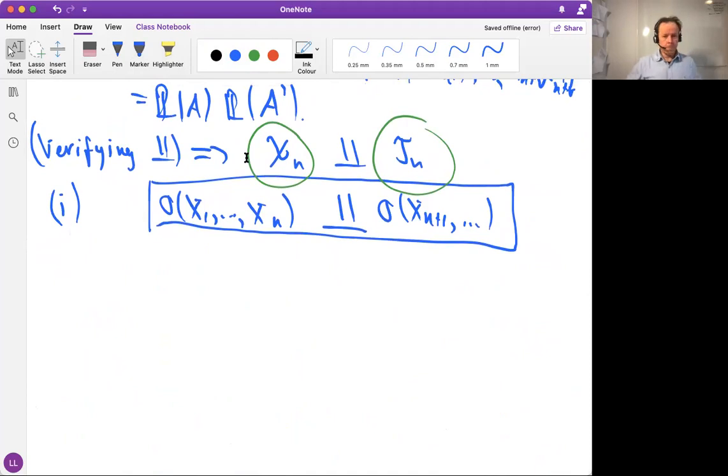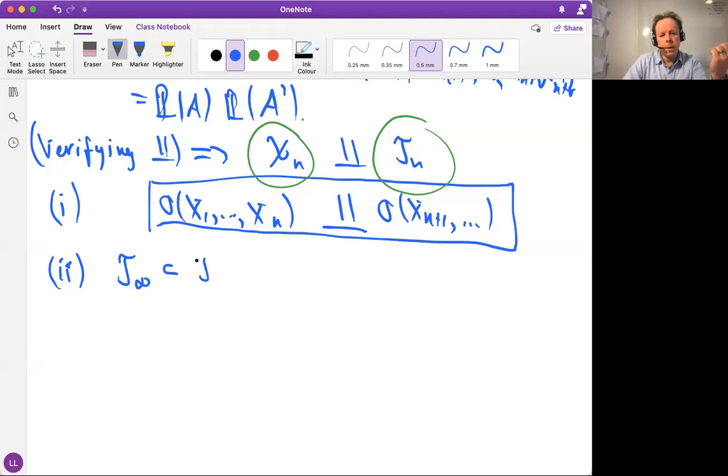What we want to do, namely the second step, is to note that, let's remember, what did we know about T infinity? It was the intersection of all Tn's, so that's why it belongs to Tn. This is true for every n. What does this imply? This implies that Xn is also independent of T infinity. Why is this true?